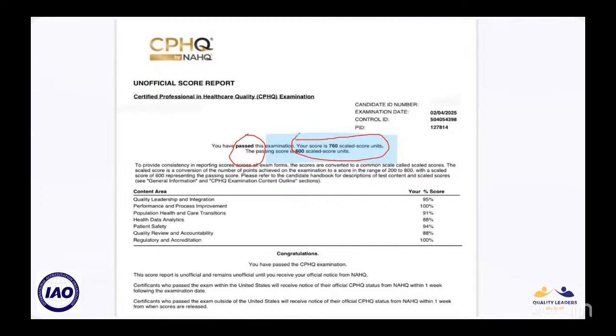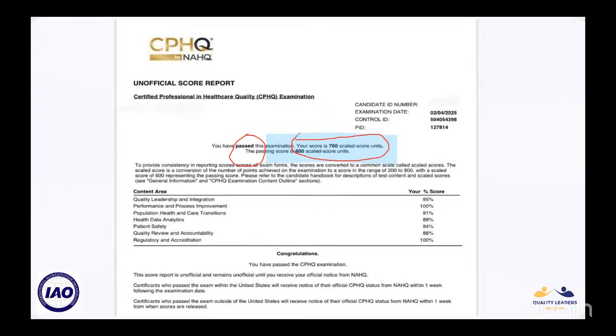It's 200 to 800, and the passing score is 600 scaled score units, right? So understand this: the CPHQ exam is not one set of 125 questions that every candidate gets.